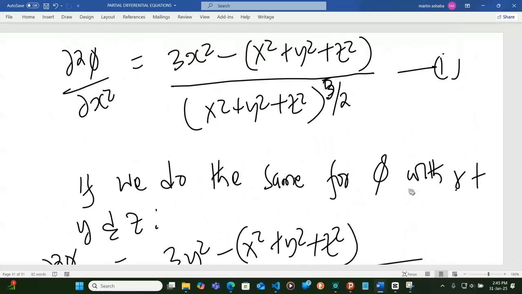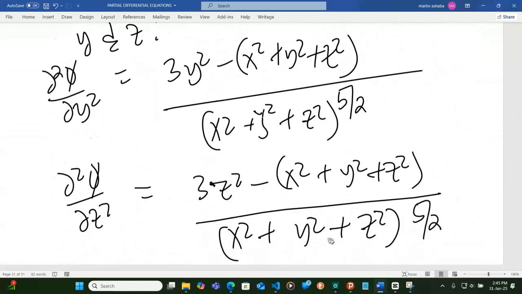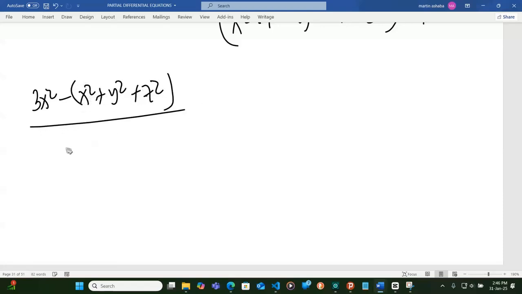So for me to verify that this is equal to 0, I'm going to just add my partial derivatives. Therefore, 3x squared minus (x squared plus y squared plus z squared), everything divided by (x squared plus y squared plus z squared) to the power 5 over 2.